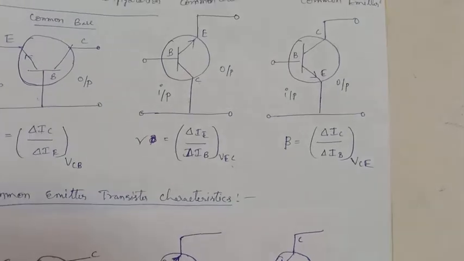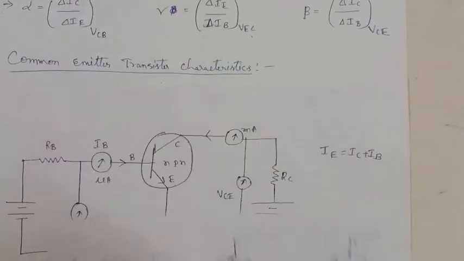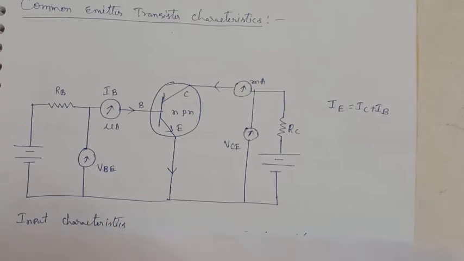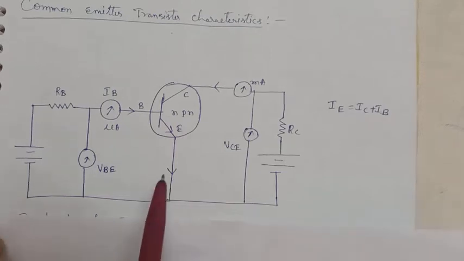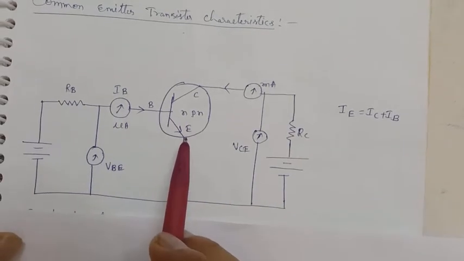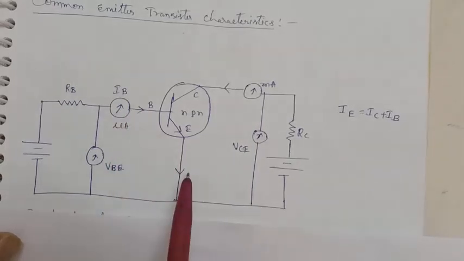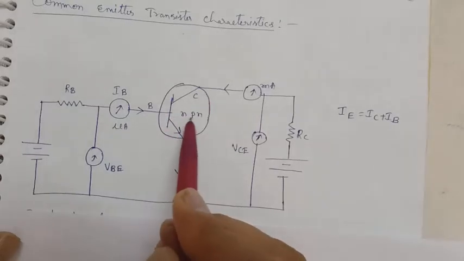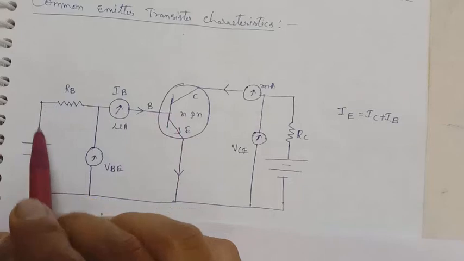Now in our syllabus only one transistor is there, that is the common emitter transistor characteristics. Common emitter. So already the emitter is common. It is the emitter and it is the base. In between these two you have to connect it in forward bias. So it is the NPN transistor. In the middle is the P, so P is connected to the positive.